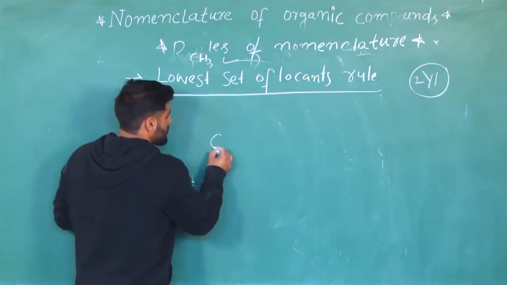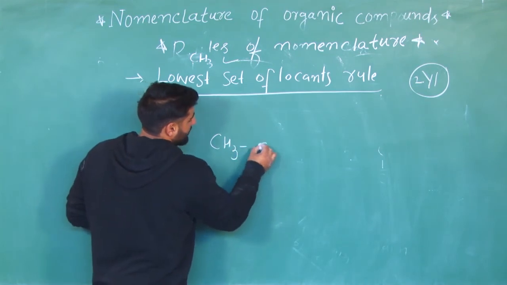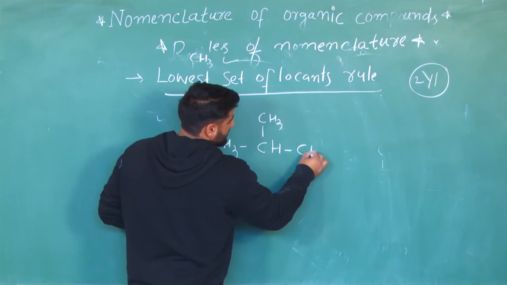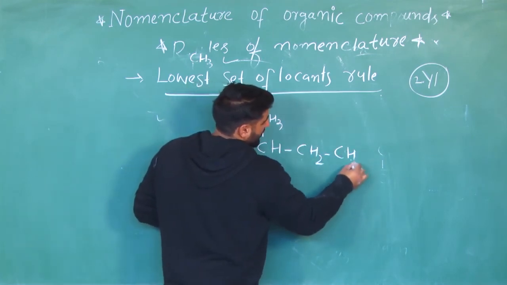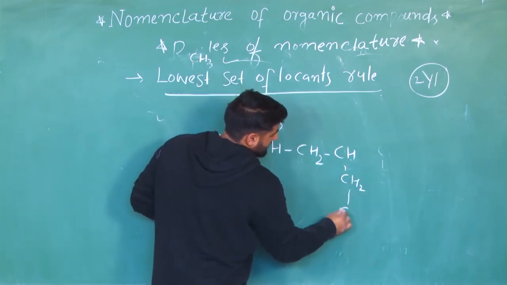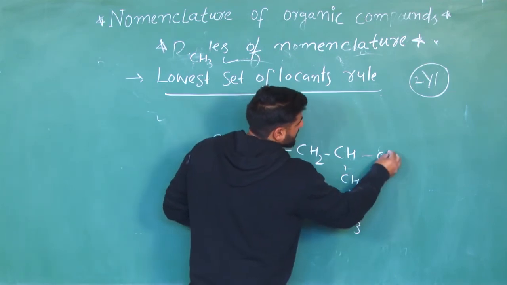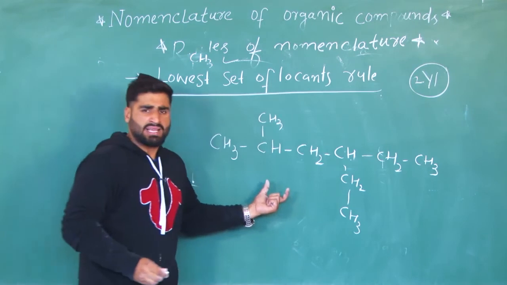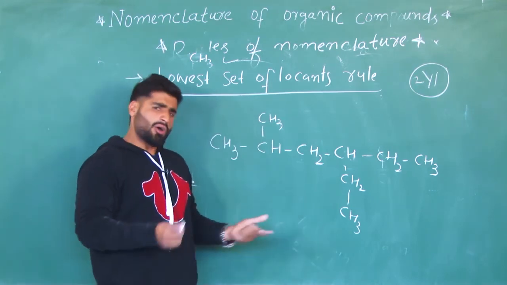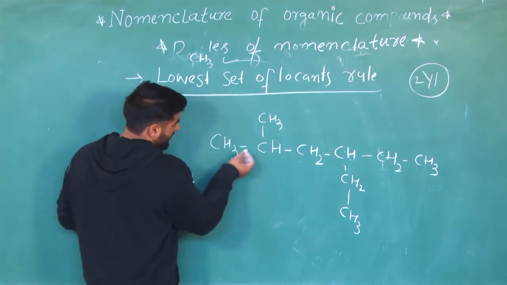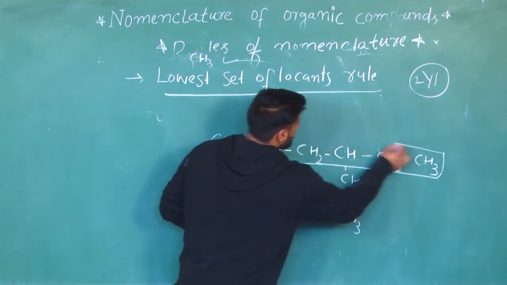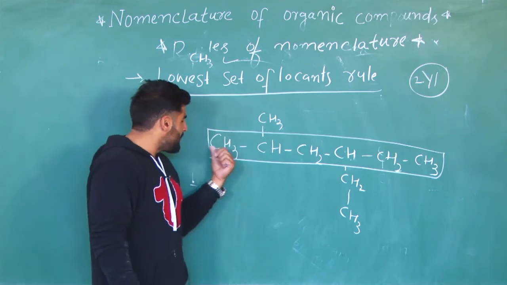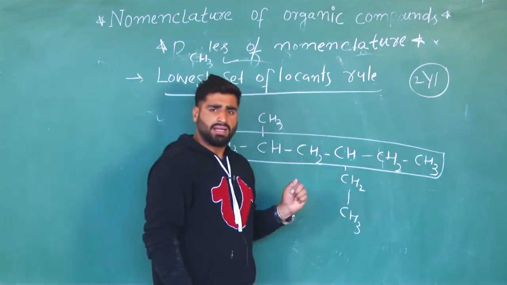Listen, suppose I have this chain: CH3, this is C, this is CH3, this is CH, this is CH2, this is CH, this is CH2, this is CH3. Suppose this is a hydrocarbon, an organic compound. The longest chain is this one, the longest possible chain. Now, either I will number it from this side or this side.